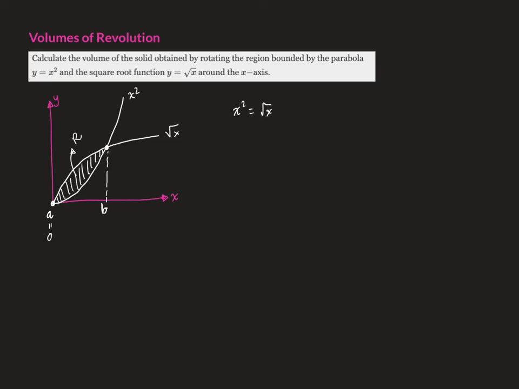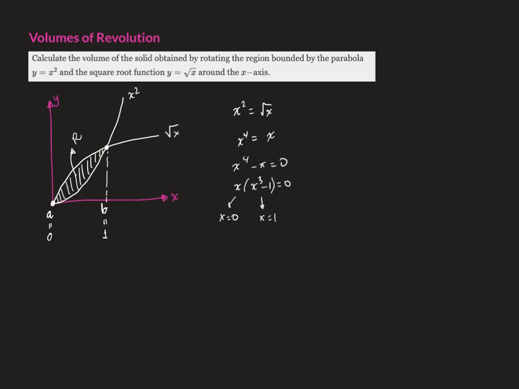If we square this, we get x to the power 4 is equal to x, and that is x to the power 4 minus x equal to 0. Common factor x: x times (x cubed minus 1) equal to 0. And we get the solution x equals 0. And from here, x equals 1. Then we know that b is going to be 1.